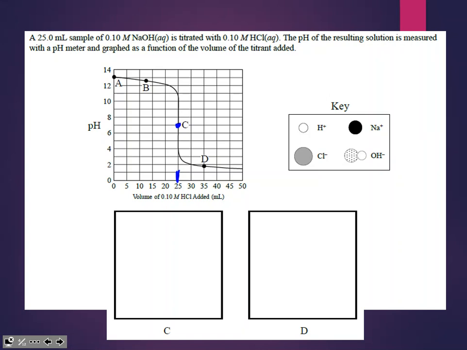Remember our net ionic, don't forget that. It's the H plus and the OH minus. Right now, at the equivalence point, all we have is water. We don't have either of these. They have now neutralized out. So in essence, what are the only things in there at the equivalence point still floating around?